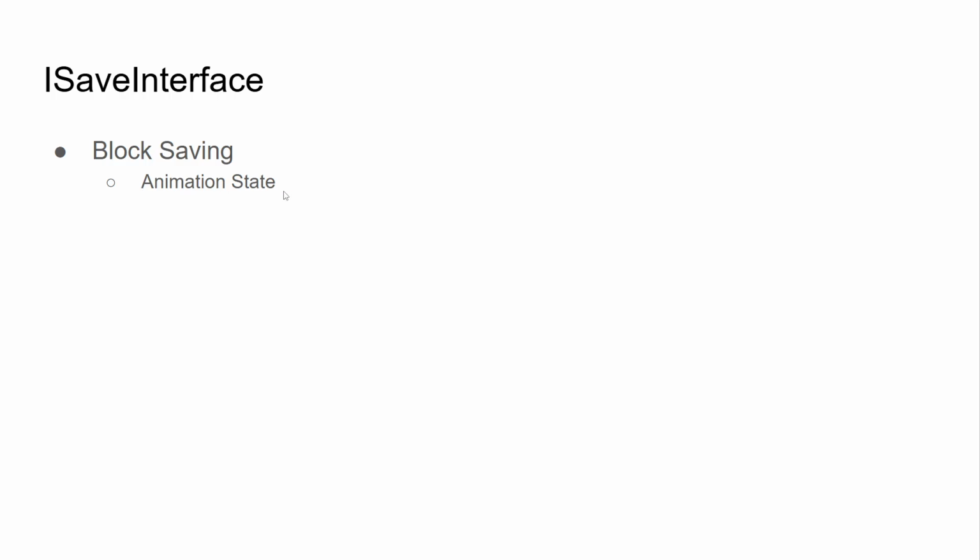Animation state cannot be saved easily. You can, of course, if you call play montage, save the animation before that, and then after the montage is over, set the animation to null or whatever, and know that there's no animation going on.